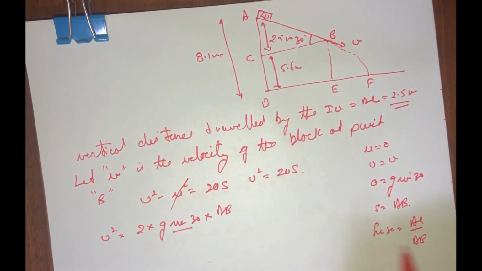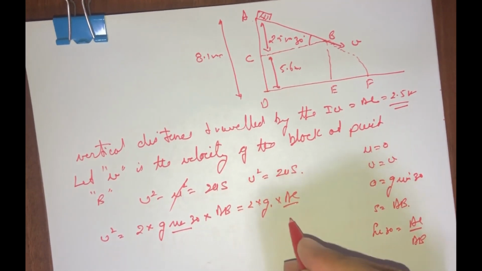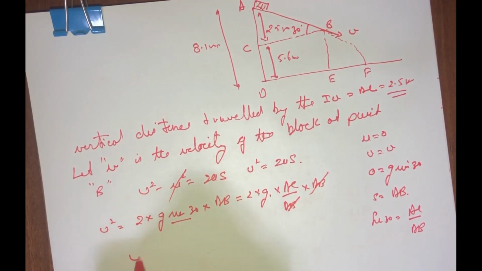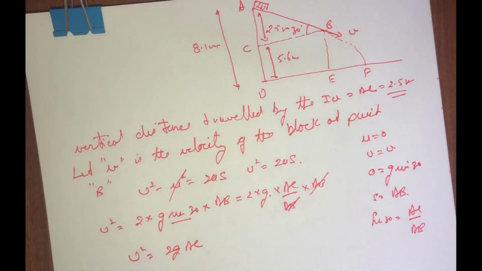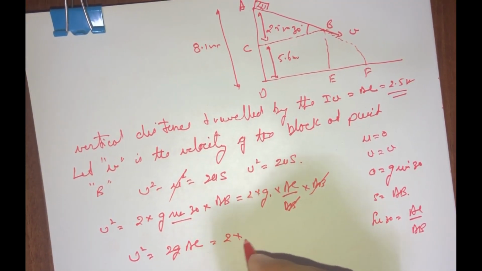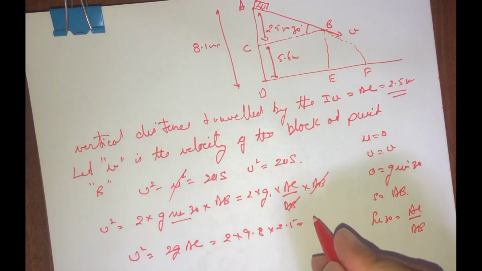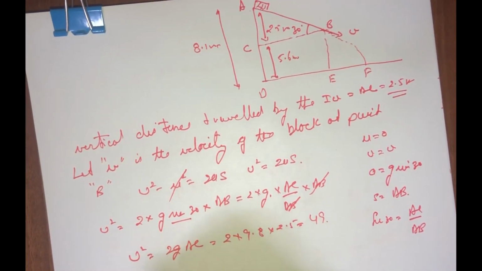Sine 30 is AC by AB, so we can write 2 into g, AC by AB, into AB. AB cancels out, so we get V square is equal to 2g multiplied by AC, and AC is 2.5. This will be 2 into 9.8 into 2.5, which comes as 49. So V will be coming as 7 meters per second.